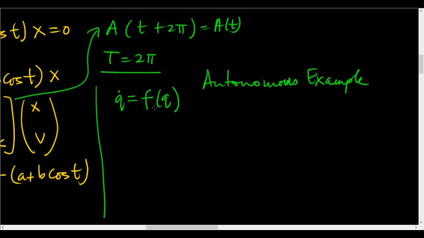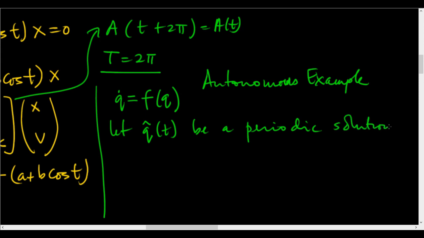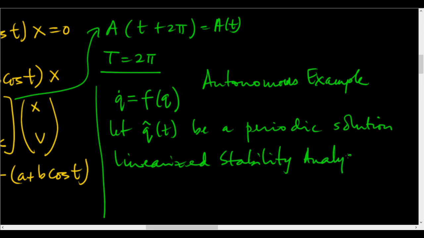Okay, and let q star of t be a periodic solution. So we can do a linearized stability analysis, for example, and the way we would do it is we would say let q be equal to q hat, which is the special periodic solution.